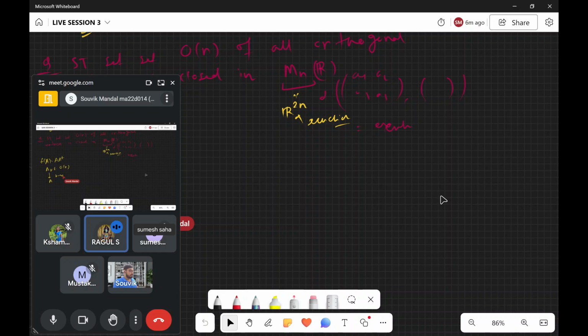Since AK is orthogonal, we have AK into AK transpose is equal to I for all K.